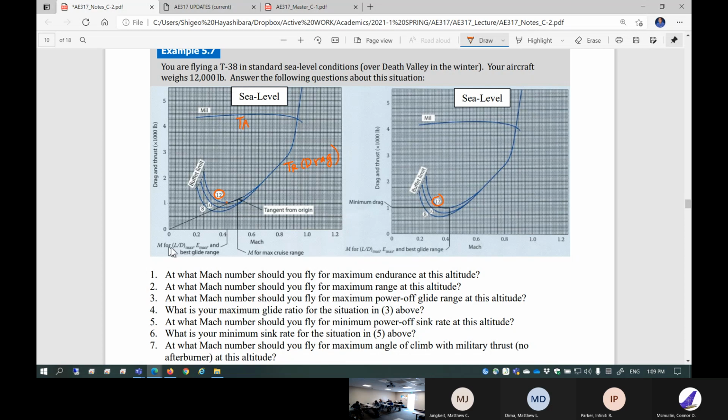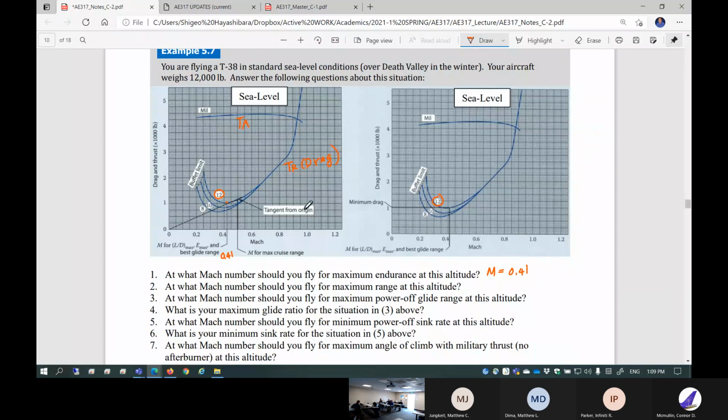So this is the Mach number for maximum endurance, E max, right here. What's the value? 0.41. Is that right? Mach number 0.41 for maximum endurance.